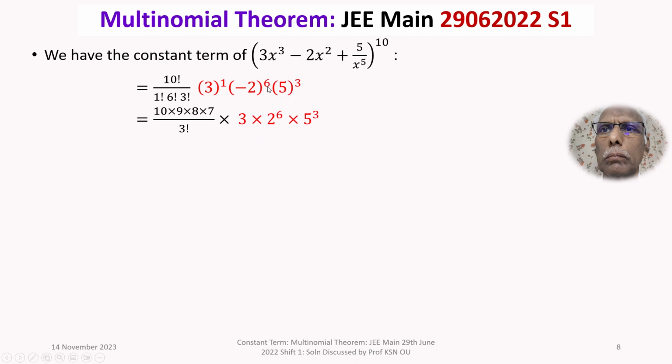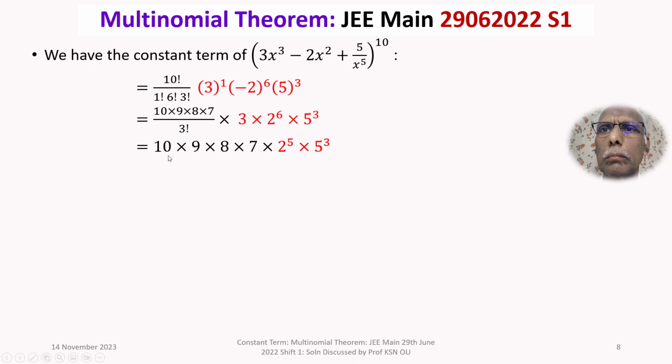Minus 1 to the power of 6 is plus 1. Now, this 3 factorial is 3 into 2. We cancel in the red one. So if we cancel 3 into 2, we will be having here 2 power 5 into 5 cube. So, 10 into 9 into 8 into 7 into 2 power 5 into 5 cube.